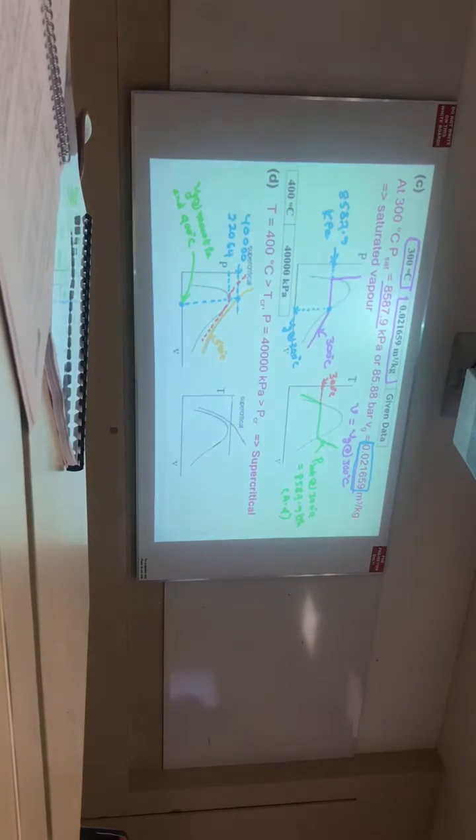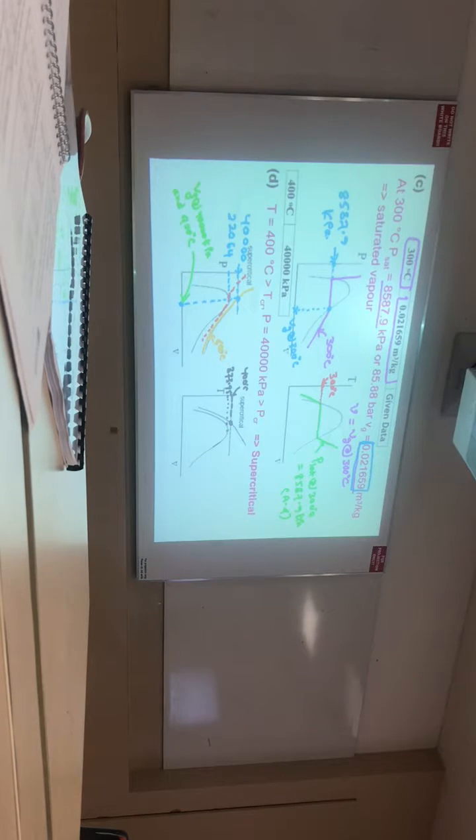Similarly, if you draw the TV diagram, this indicates critical temperature or critical point. If you draw a line this way, this one is 373.95 degrees Celsius, and the given temperature is 400 degrees Celsius. So this indicates the state point.